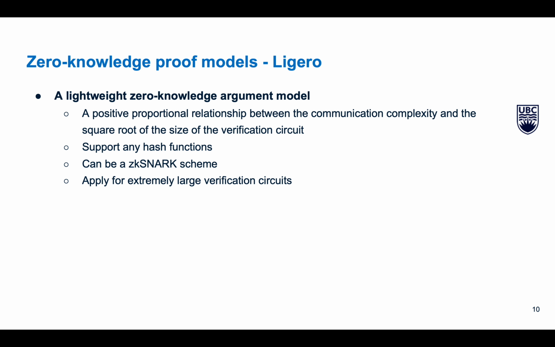And it also supports any hash function that can resist collision. And moreover, Ligero can be a zk-SNARK scheme in the random oracle model. And it can be applied for extremely large verification circuits as well as medium-large circuits.